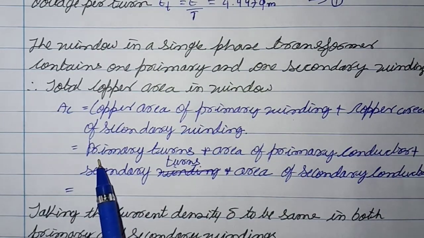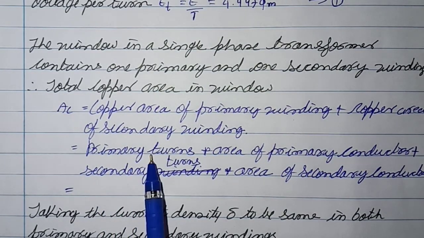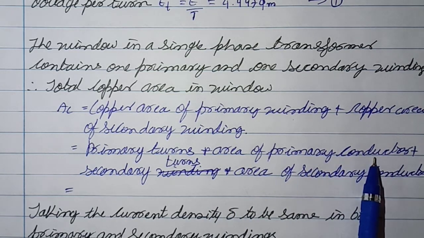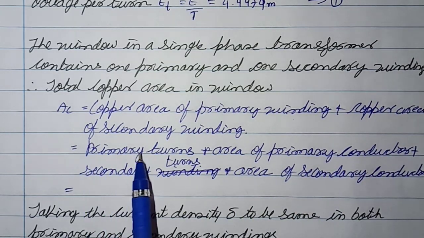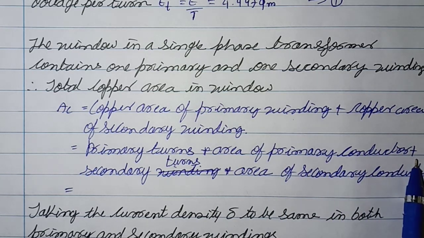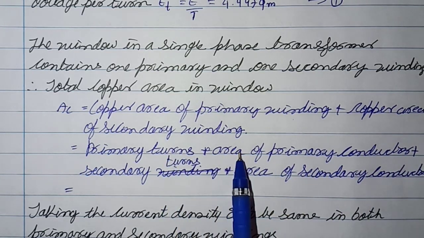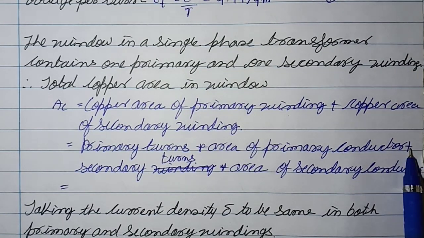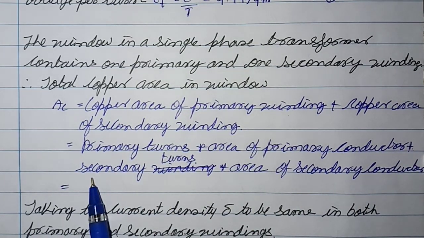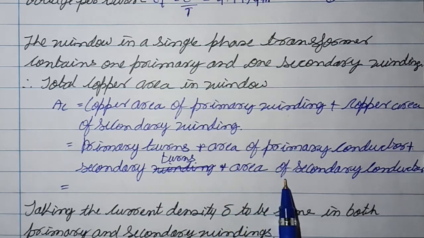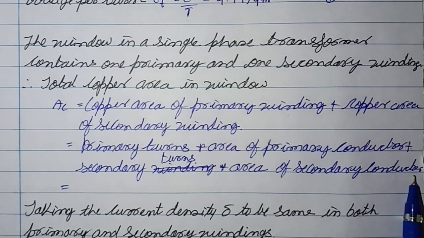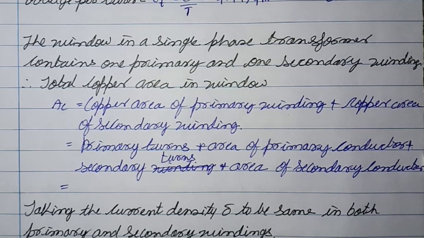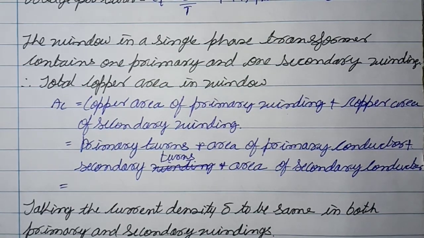So we have the number of turns, primary turns, into area of primary conductor. So this will give us the copper area of the primary winding, that is number of turns into area of primary conductor, plus the secondary turns into area of secondary conductors. So this will give us the total copper area of secondary winding.